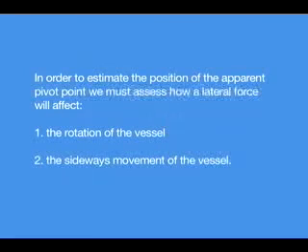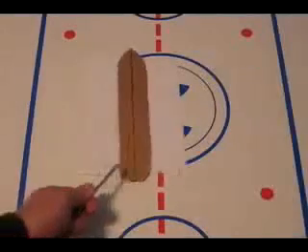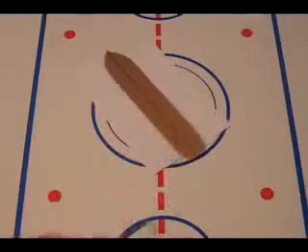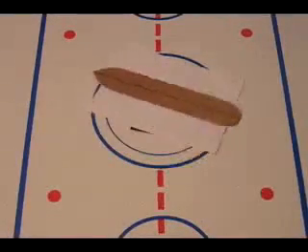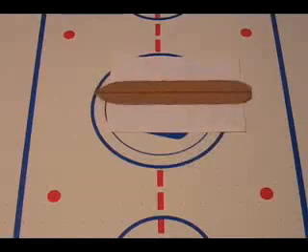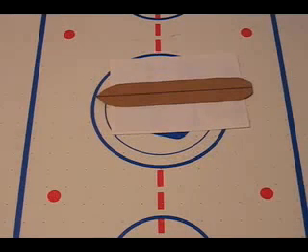In order to estimate the position of the apparent pivot point, we must assess how a lateral force will affect the rotation of the vessel, the sideways movement of the vessel. Let's suppose that you have a bar-shaped body at rest in space and you apply a lateral force on it at one end.